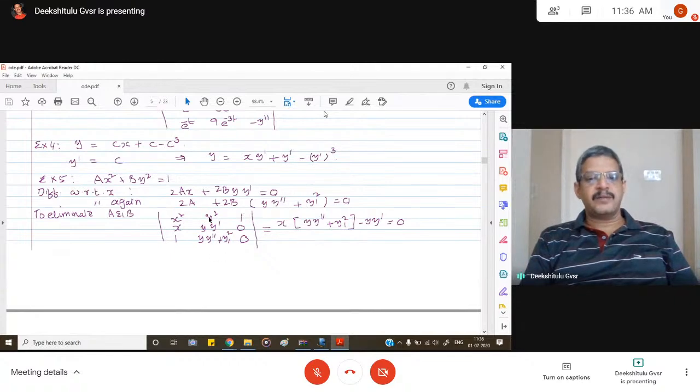The third equation: here also you can cancel 2, so the coefficient of a is 1, the coefficient of b is y double dash plus y dash square, and 0. You find the determinant about this column: 1 into x into y double dash plus y dash square minus y dash. This is the differential equation obtained by eliminating a and b from the given function.